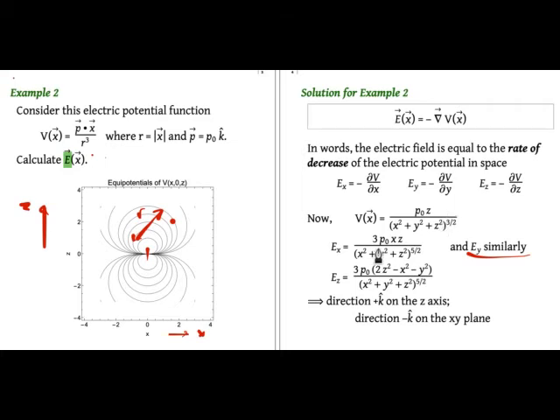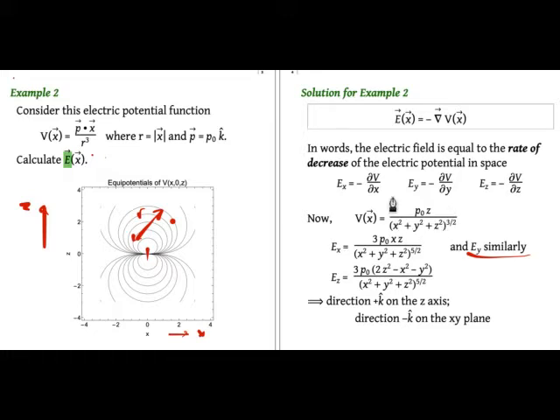So I'll get a term just like this. 3p0z times z. So I'll get a term 3p0z squared. Now when I differentiate with respect to z, I just get p0 over r cubed. And I can combine that with the other term if I write this as r to the power 5 times x squared plus y squared plus z squared.